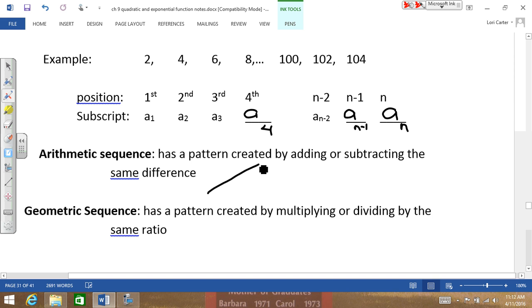You're going to get a line. Geometric, you multiply or divide by a multiplier. What kind of shape? Exponential. A growth or a decay. That's what we called it.